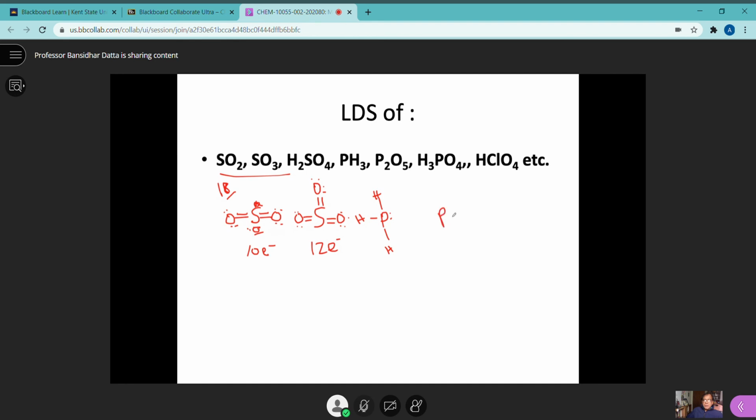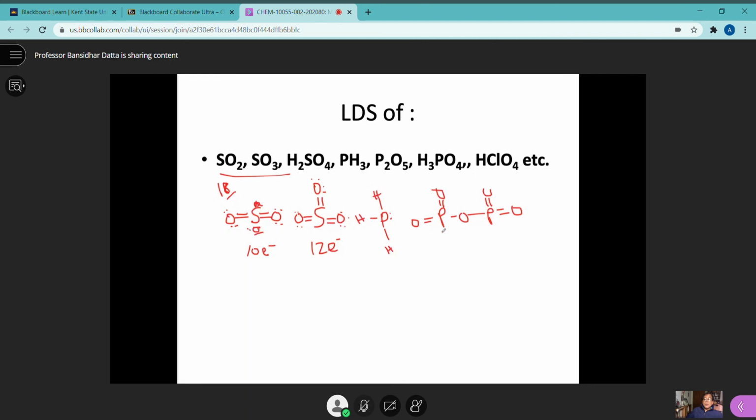P, O, P, double bond O, double bond O, and you have a double bond O, and that's P2O5. So now the phosphorus has how many electrons? You can also have it like this.